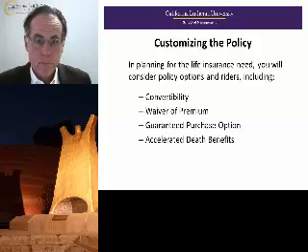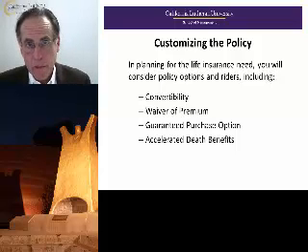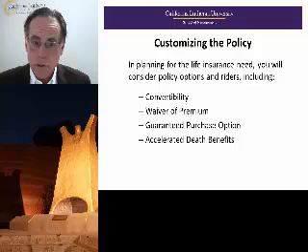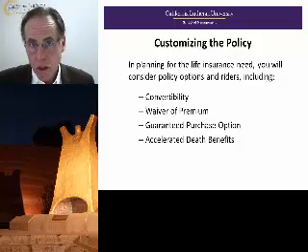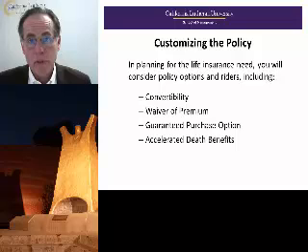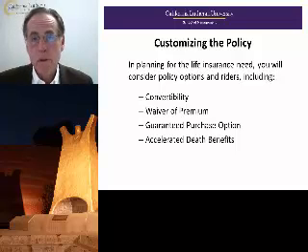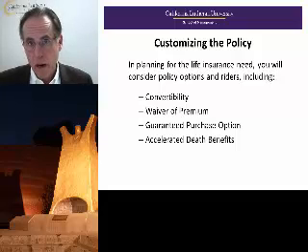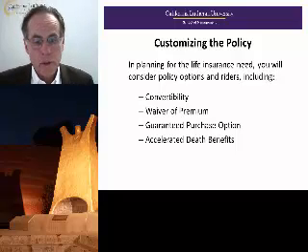In planning for that life insurance need, you can start to customize the policy with riders and also making sure certain options are in there. For example, convertibility, the ability to convert that term policy to a cash value policy within a stated amount of time without there being a need for medical examinations for insurability.